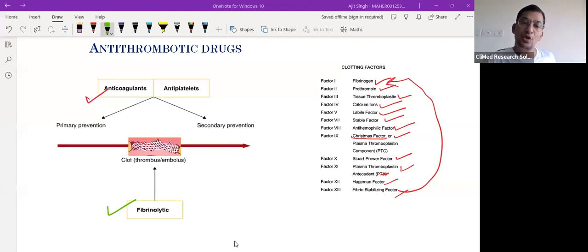Okay, tell me, anticoagulants are prophylactic or treatment? Anticoagulants are prophylactic or the treatment?